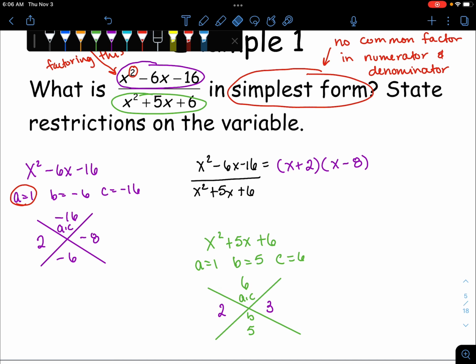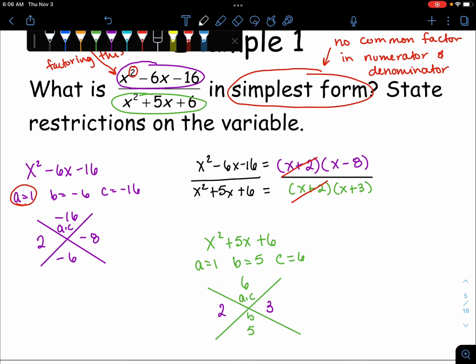Okay, so since a is 1, I can just rewrite it as x plus 2 and x plus 3. But now it's asking for the simplest form. So we will cancel out anything the numerator and denominator have in common, which is these two.